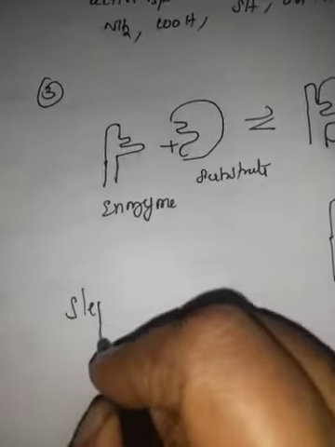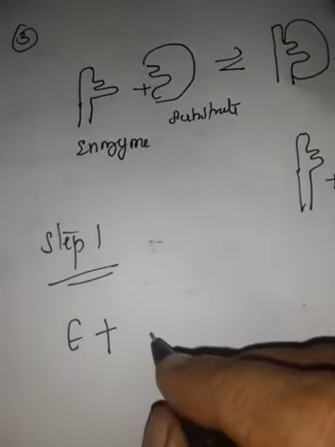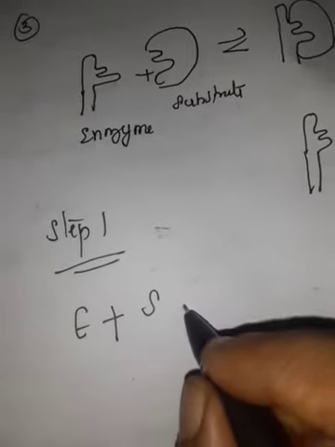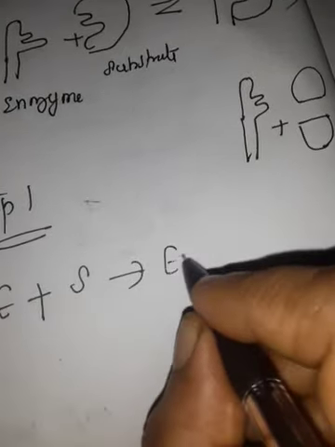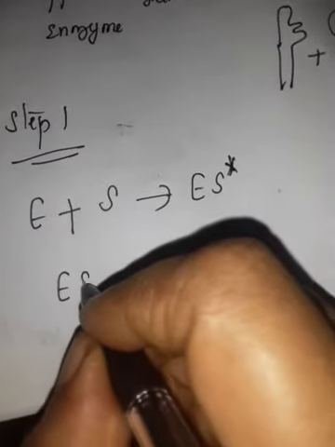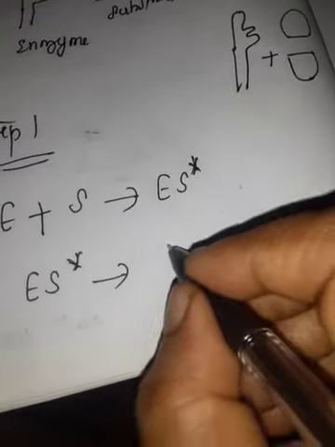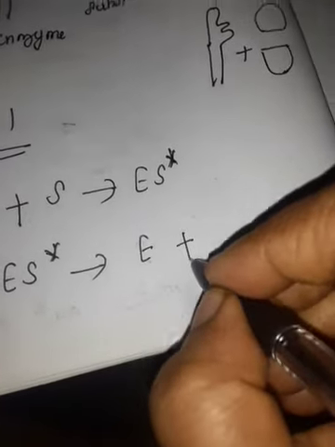So in step 1, enzyme combines with the substrate forming an activated complex. This activated complex decomposes to give once more the enzyme, plus products get released.